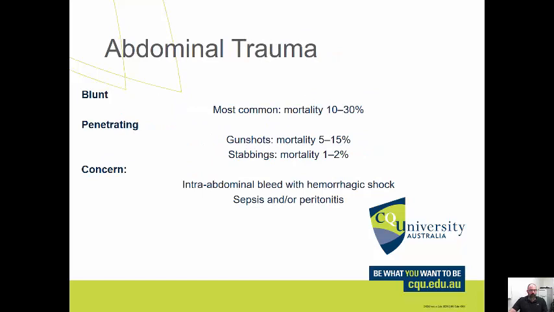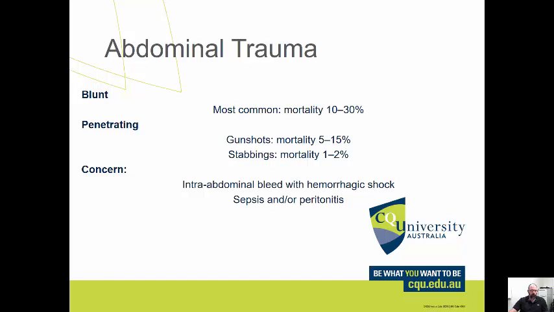Okay, so this is just some statistics about the most common causes of mortality with abdominal trauma. So with blunt trauma, the chance of your patient dying as a result of blunt trauma is 10 to 30%. With penetrating trauma, gunshot wounds, 5 to 15%. That's a pretty high percentage.